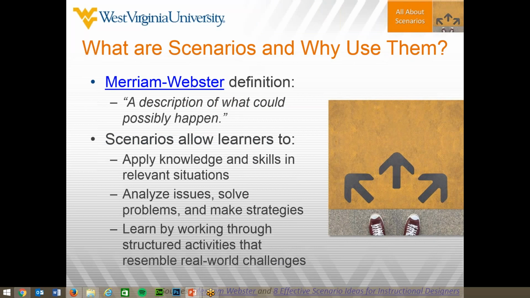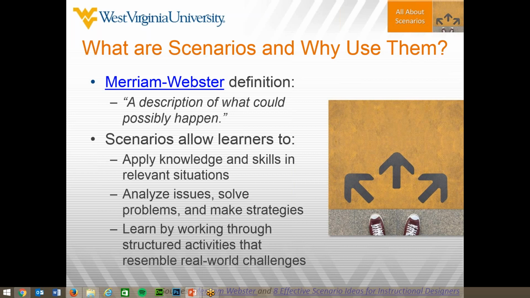So let's go over a little bit about what scenarios are and why we use them. Merriam-Webster describes a scenario as a description of what possibly could happen. As we went through that last scenario, you're given several different choices of what could happen, and you saw the consequences of making those choices.